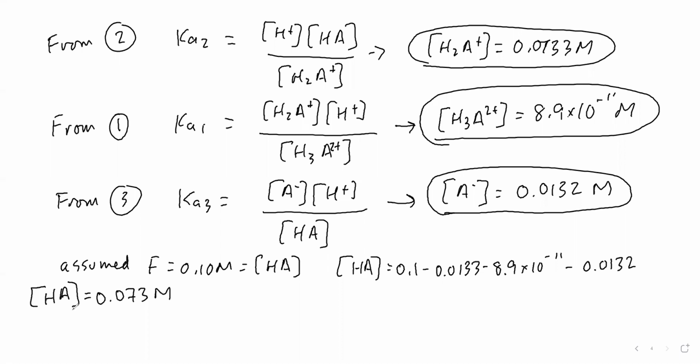Okay, so now we have the corrected value for HA, and we can then summarize all of the rest of the concentrations as well. From the previous page, we found that pH was 9.95.